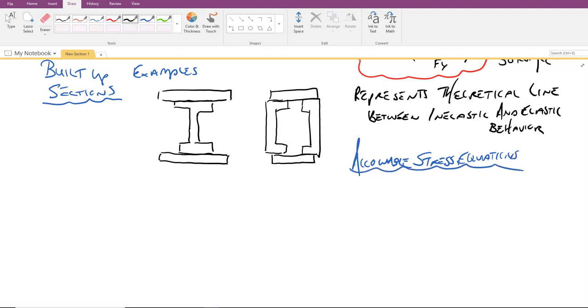One of the cool things about steel column design is that calculating these is simply a matter of looking at the slenderness ratio. And you'll recall that for steel, we don't do length over width, we do length over the radius of gyration. And we talked previously about what the radius of gyration is.